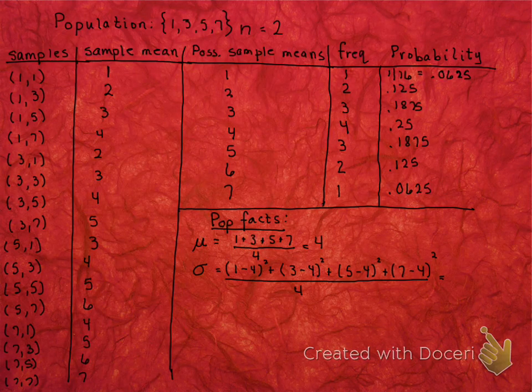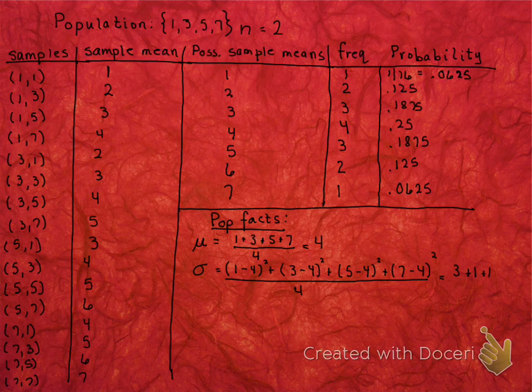Okay, so 1 minus 4 is negative 3 squared is 3. 3 minus 4 is negative 1. Negative 1 squared is a positive 1. 5 minus 4 is 1 squared, which is 1. And, wait, that 3 should be a 9.